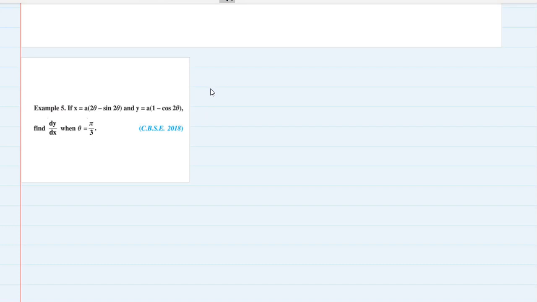So x is equal to a bracket 2 theta minus sine 2 theta, y is equal to a bracket 1 minus cos 2 theta.